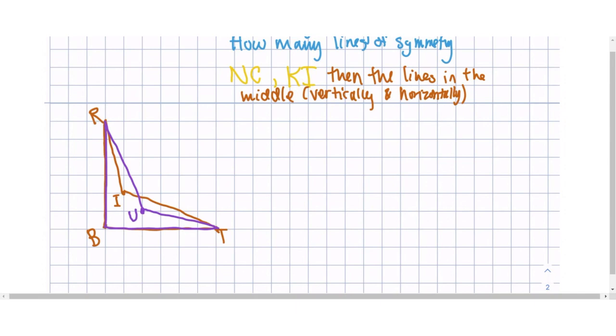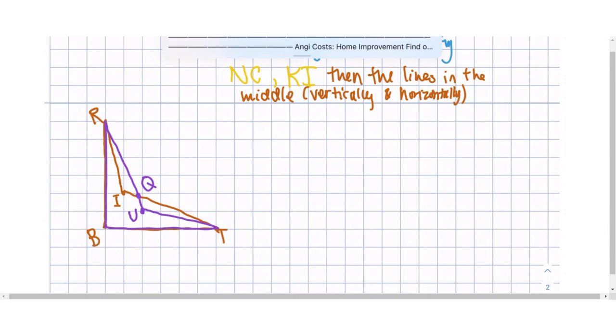Okay, what could I do? Let me give another letter in here. I'll put another letter right here, Q, and it'll help us talk about it. What could I do to quadrilateral Brit to get quadrilateral Brute?